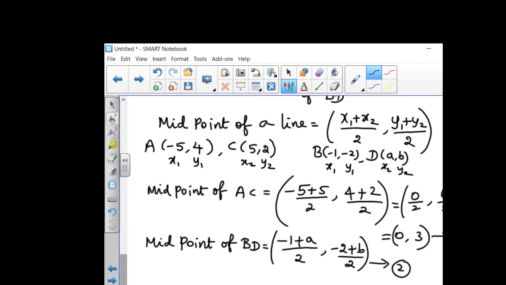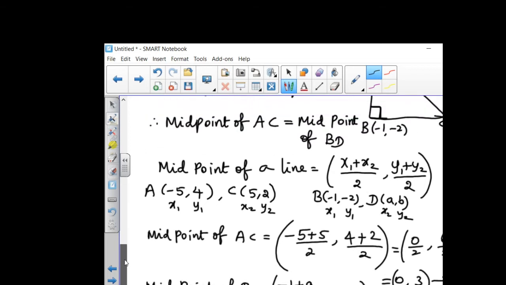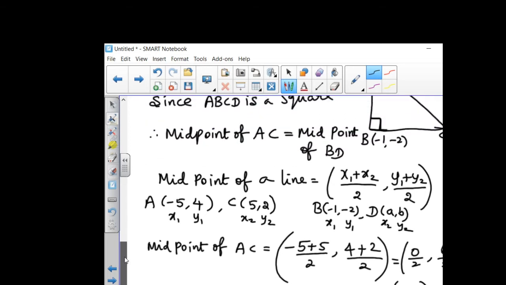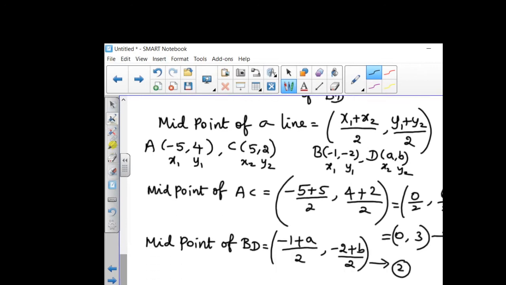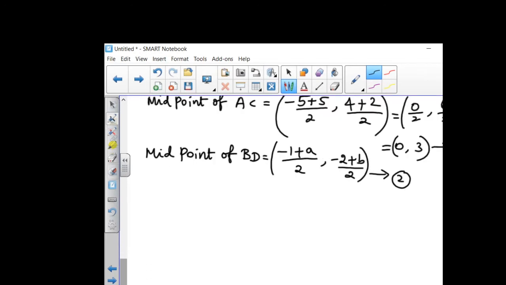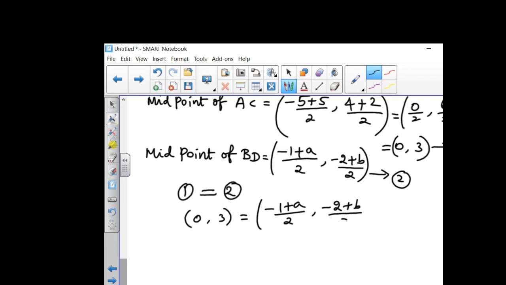As per the condition, midpoint of AC is equal to midpoint of BD. So you can take equation 1 is equal to 2. So 0 comma 3 is equal to minus 1 plus A by 2 and minus 2 plus B by 2. So you can compare the points.